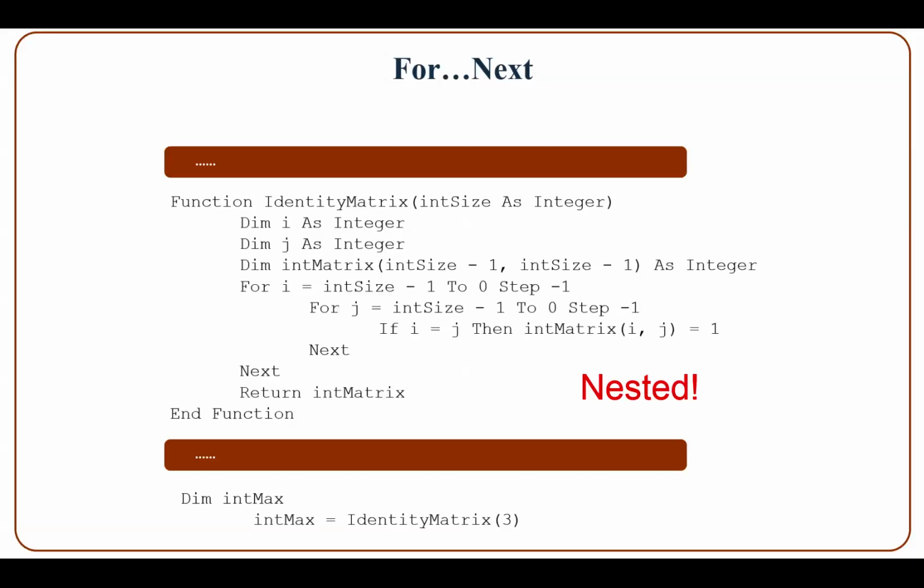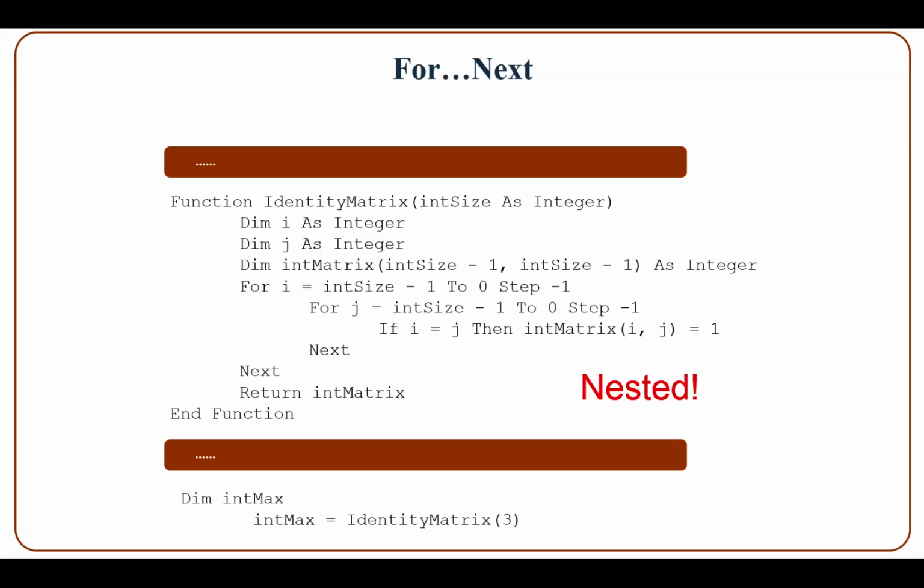The function identity matrix has one argument, int size, as integer. There are two local variables, i and j, as integer as well.